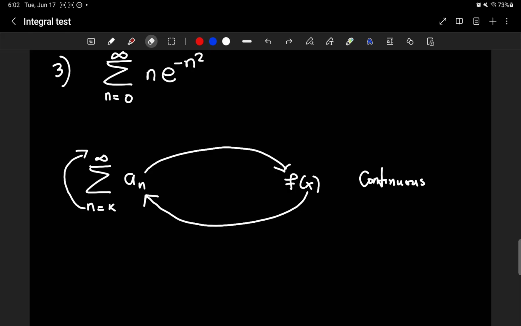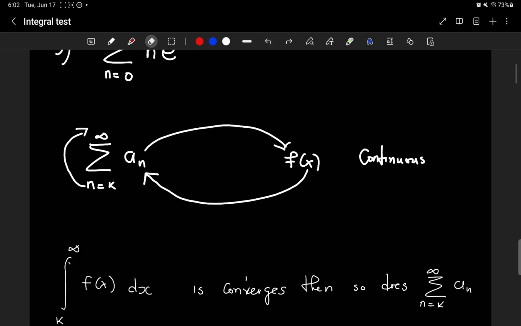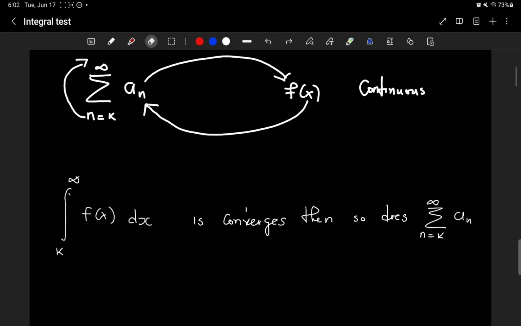And then next, there are three things that you need to check in terms of the nature of f of x. First, is it continuous? Secondly, is it positive? And thirdly, is it a decreasing function on the interval from k all the way going up to positive infinity, with k included? If it does satisfy those three conditions, then you can move on to evaluate the integral.